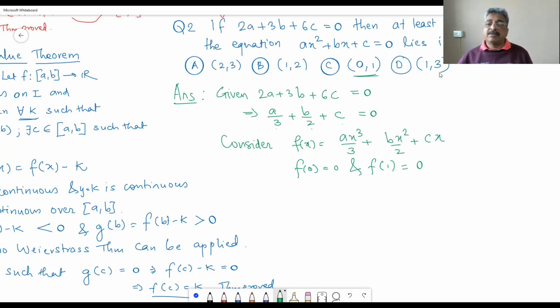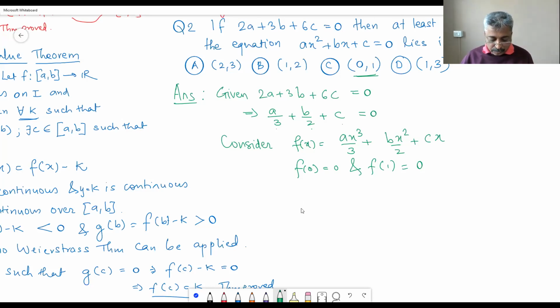In any other interval, it is not going to happen. Independent of knowing the values of a, b, c, f of x is a polynomial, therefore it is continuous and differentiable. Hence all requirements of Rolle's theorem are applicable. Correct?